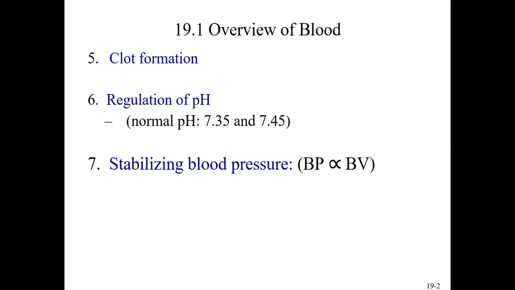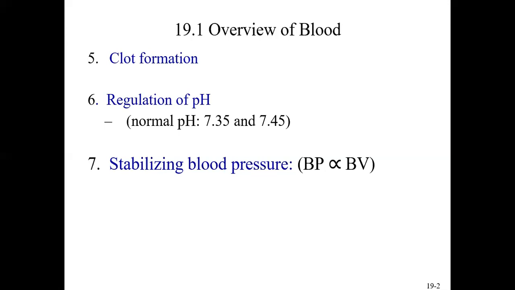Just remember that pH is a measure of how acidic or basic a solution is, and a pH of 7 is neutral. So this is actually slightly basic, a little above neutral. This is maintained in a very narrow range. Throughout the remainder of the semester, we'll be talking about this pH range. It is very important, and we'll see different factors that help to balance out the body's pH.